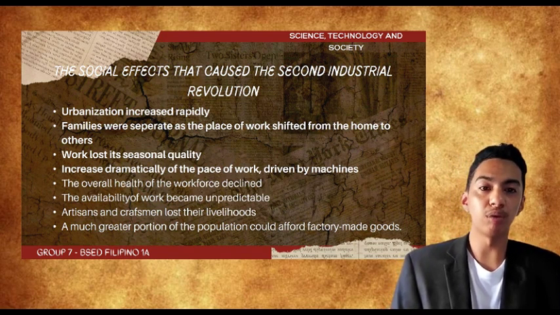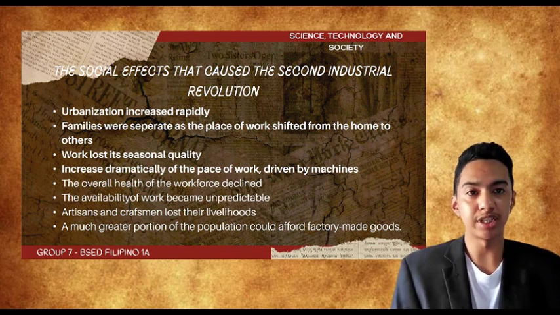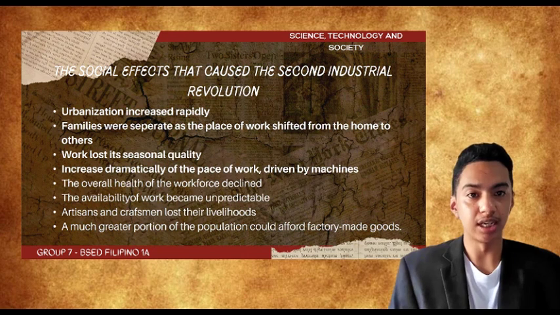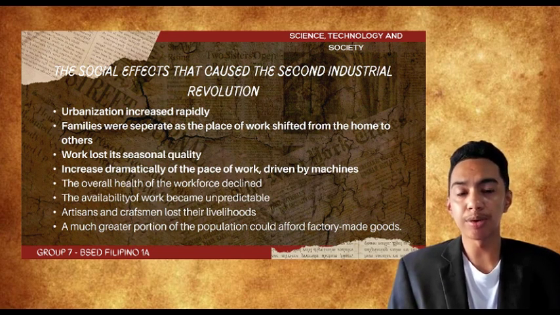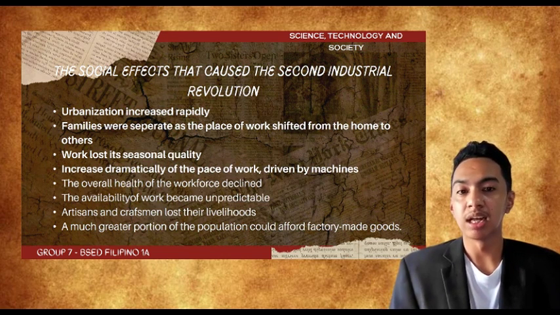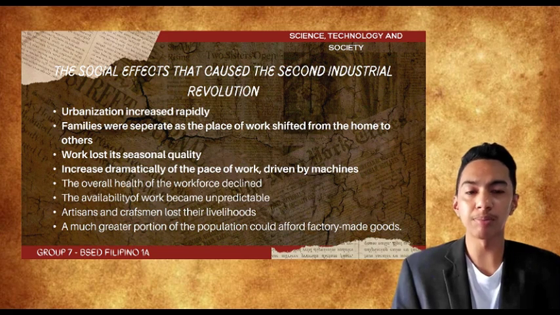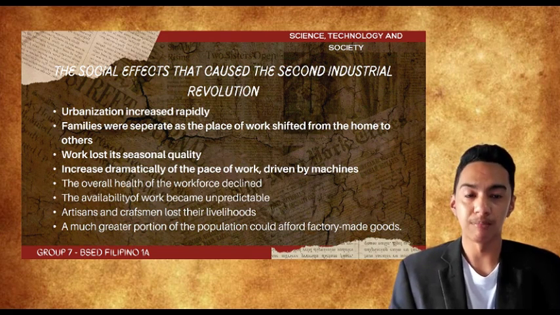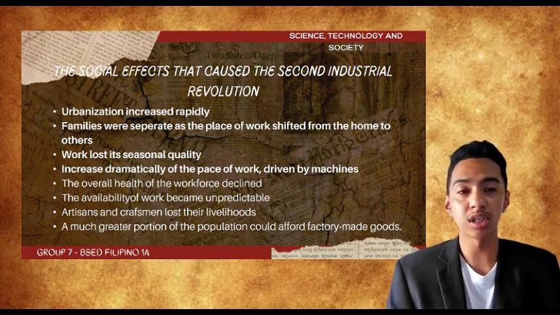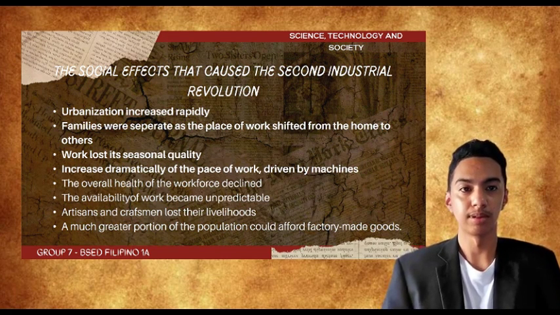The pace of work driven by machines increased dramatically. The overall health of the workforce declined. The availability of work became unpredictable. Artisans and craftsmen lost their livelihoods, and a much greater portion of the population could afford factory-made goods. Those are the social effects that caused the Second Industrial Revolution.